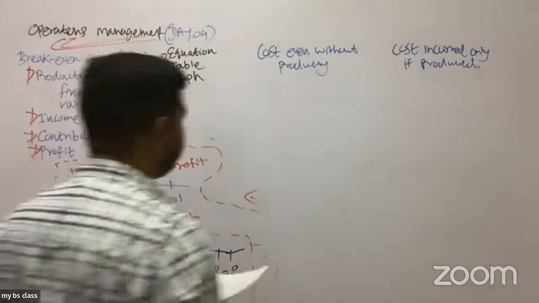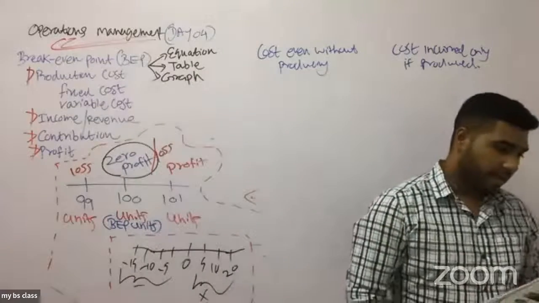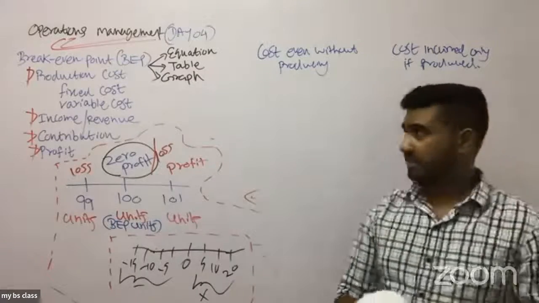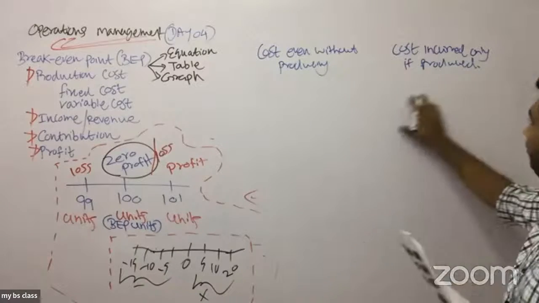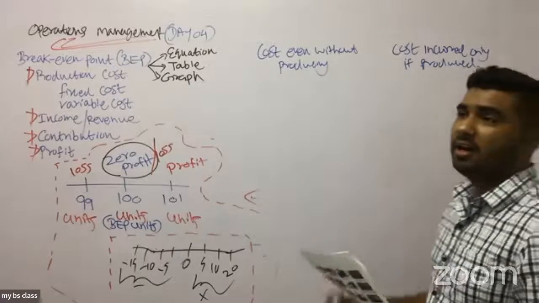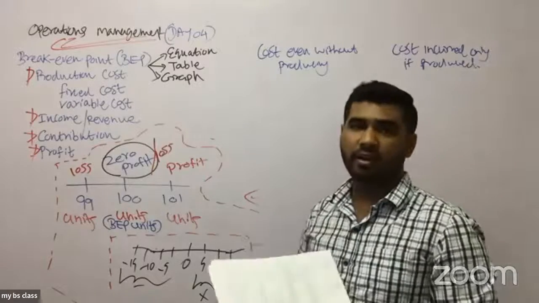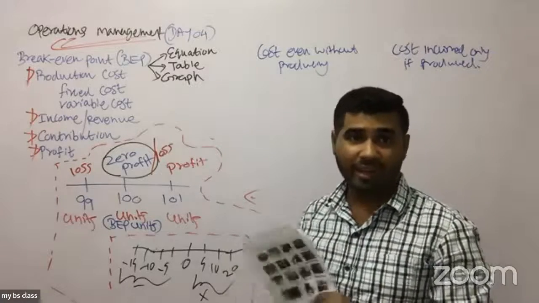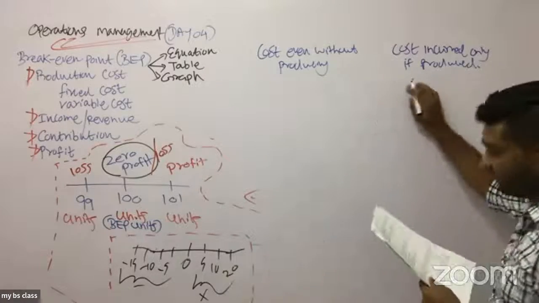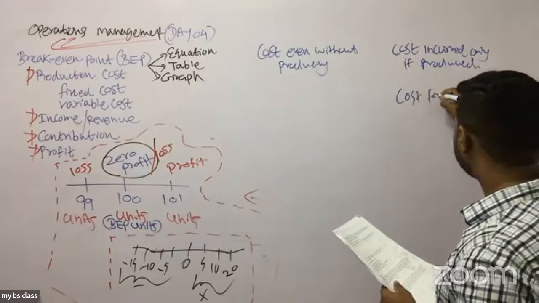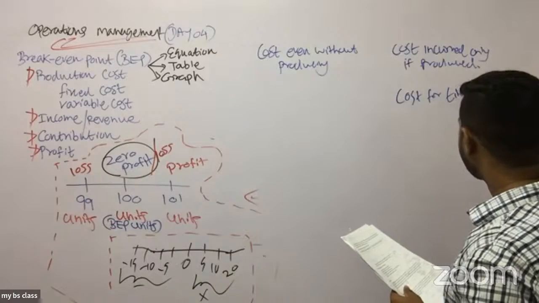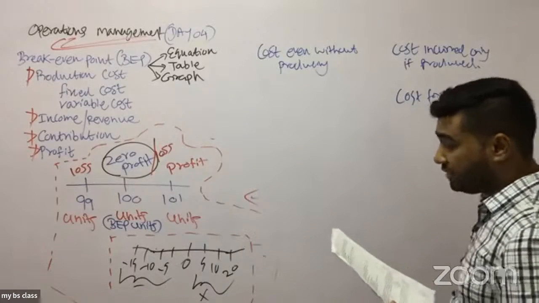Right, look here then, the first one, cost for timber. Is it a cost even without producing, or one that occurs only if you do the production? So this cost is incurred only if you produce. So we can take cost for timber, right? Next one, cost for chemicals.